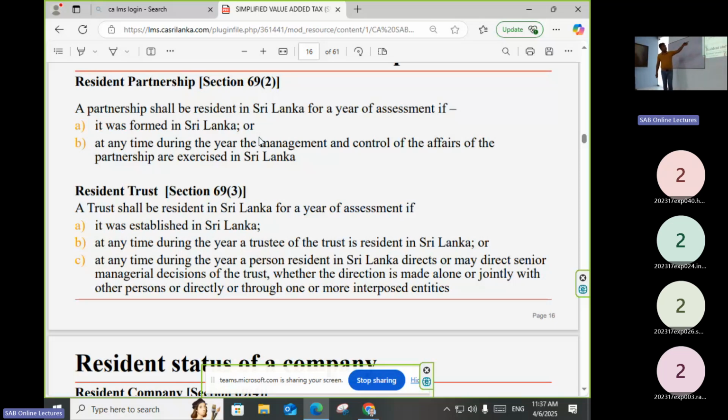Any person resident in Sri Lanka who directs or may direct the senior managerial decision of the trust, whether the direction is made alone or jointly with other persons, or directly or through one or more interposed entities. In such a case, that trust also should be considered as a resident trust for Sri Lanka.